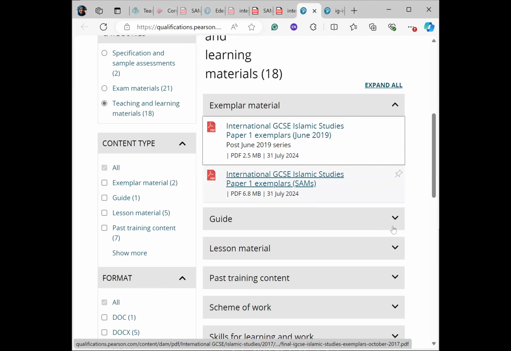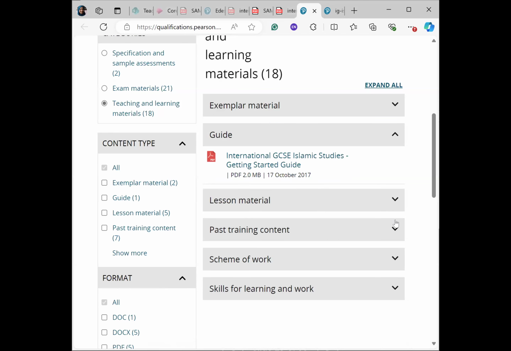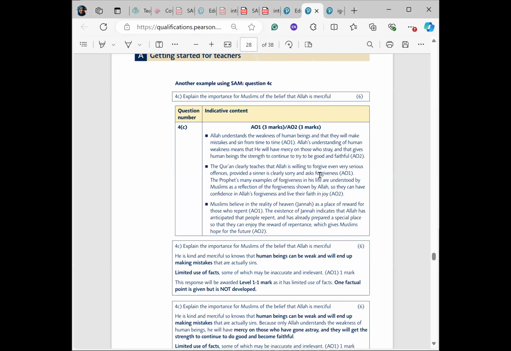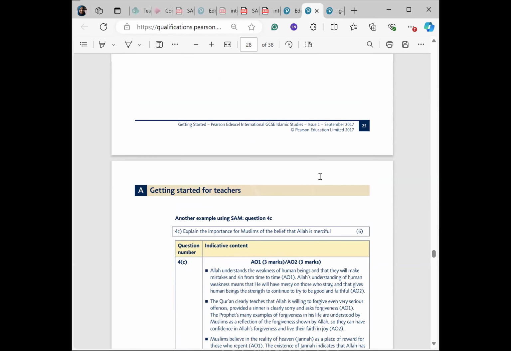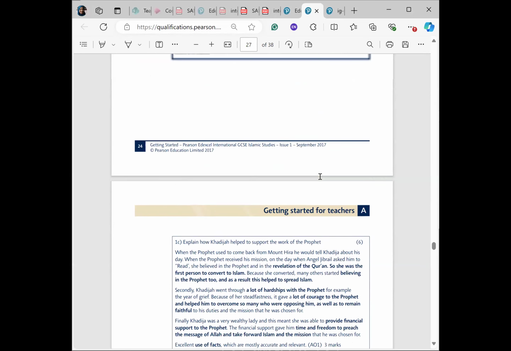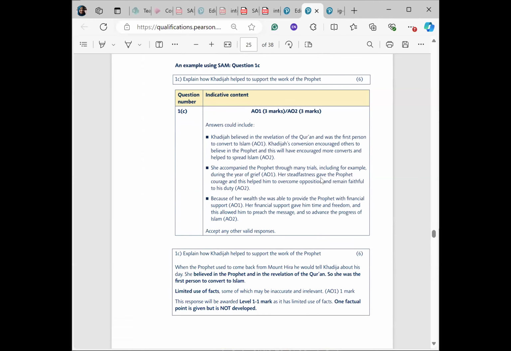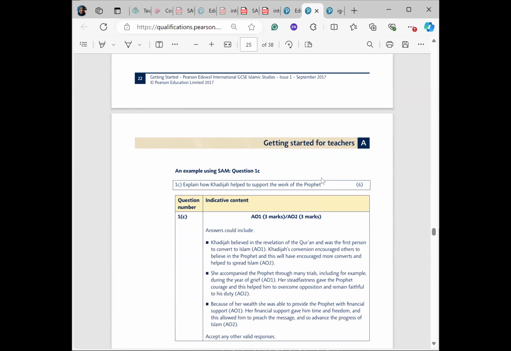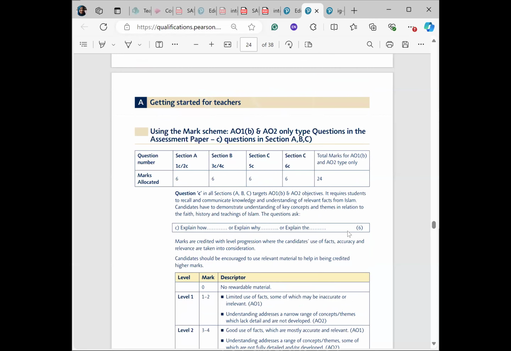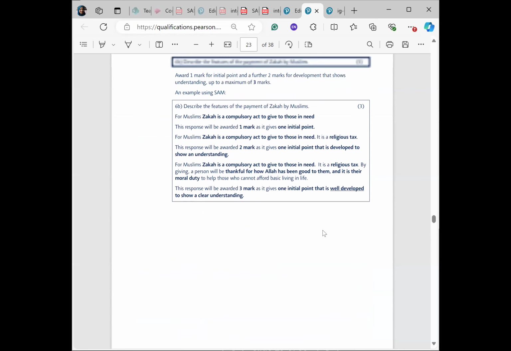You have the guide here. So, getting started guide. If you haven't come across this guide, I'd really suggest you look at this guide because it will help you how to actually walk through and teach your lessons as well. It's a very in-depth guide, and you can see some exemplars given here as well.